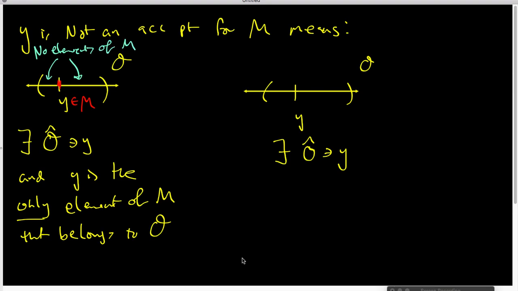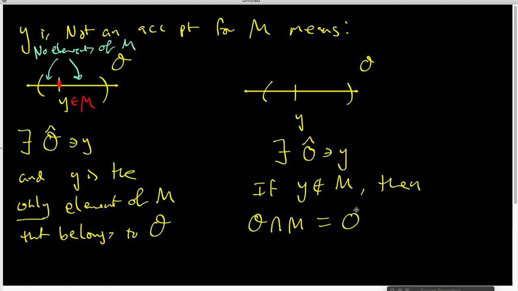Our second case is y is not inside M. And what happens then is that when y is not an accumulation point, the intersection of this open interval and the set M must be empty.